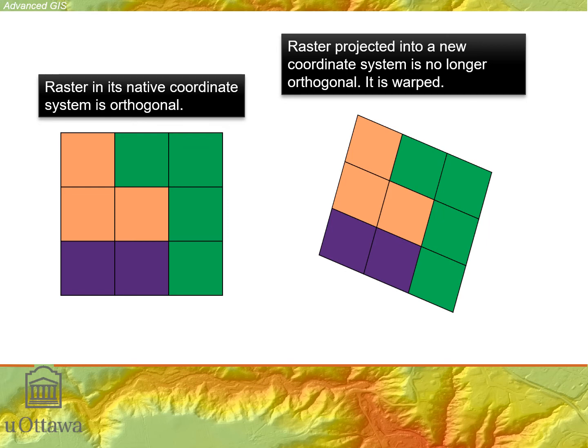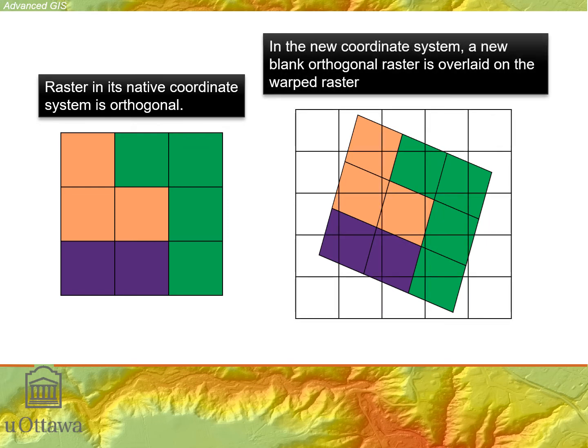So we have to overlay an orthogonal raster in that new space on top of this warped raster, like so, and then transfer the values using nearest neighbor methods. That means whatever is closest to the new cell center, so in this case here, the orange will be closest to that new cell center, so that's nearest neighbor.